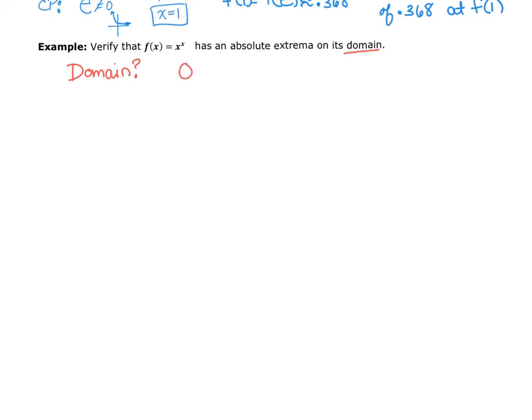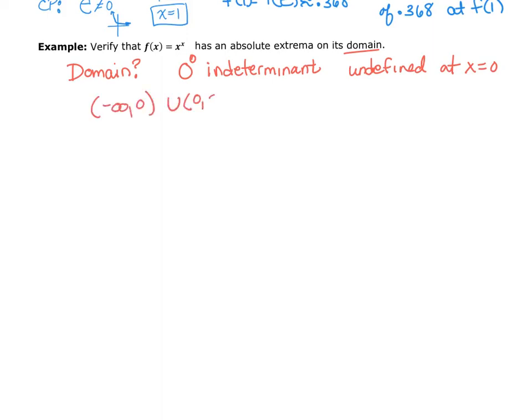Well, 0 to the 0 is an indeterminate form. So that means it's undefined at x equals 0. So our domain is going to be negative infinity to 0, union 0 to infinity.